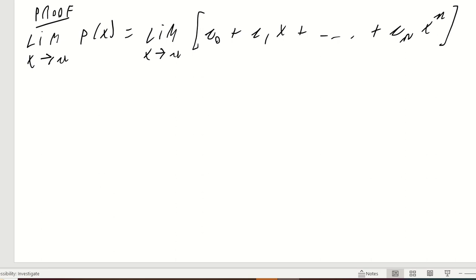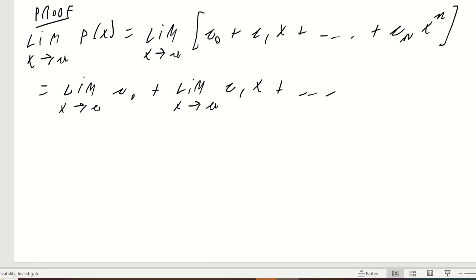So this will equal, using the addition rule for limits, the limit as x approaches a of c0 plus the limit as x approaches a of c1 by x. All these c's are constants. Plus a lot of other terms, plus the limit as x approaches a of cn by x to the n. That's the result of the addition rule.